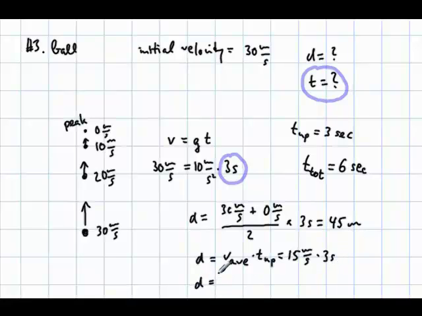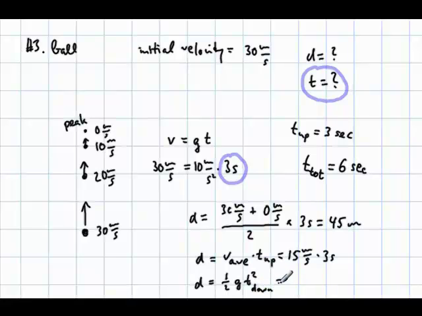I'm not writing that down because I already did earlier, and you have a choice of 3 equations. The third one would be 1/2 gt squared, the free fall equation, so we would actually have to look at it on the way down.